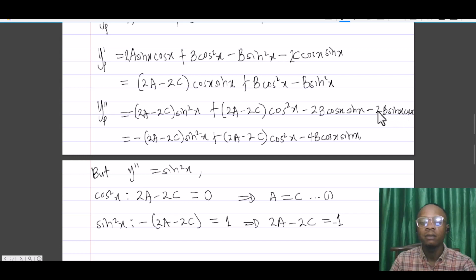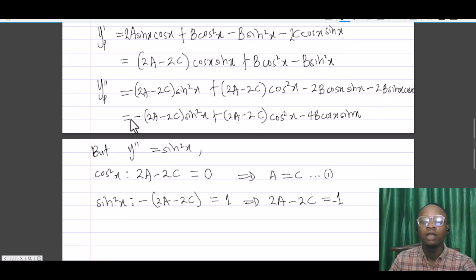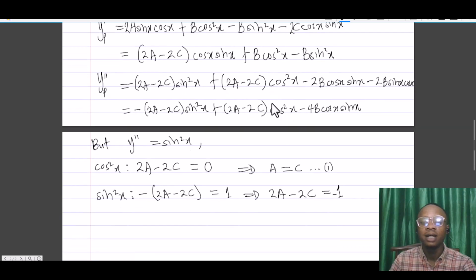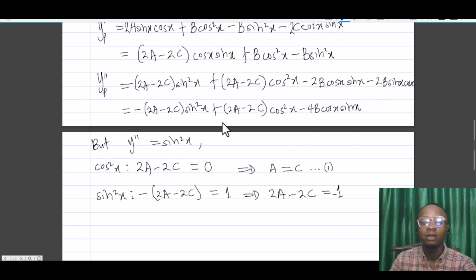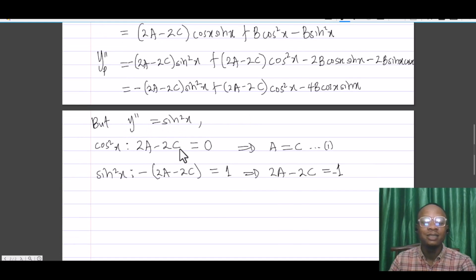Then for like terms, we have sine squared x and cos squared x, with 2a minus 2c, and minus 4b cos x sine x. Okay, so that's correct.